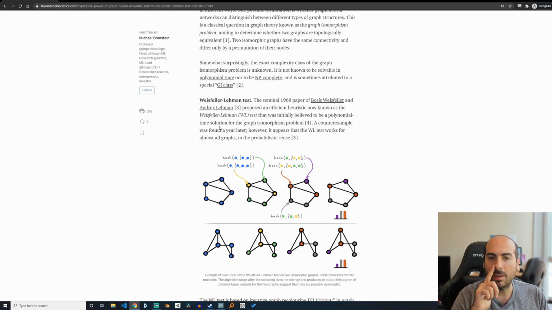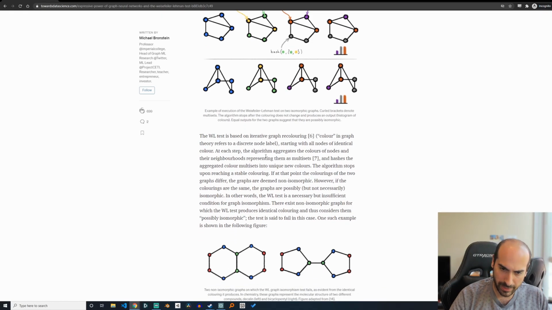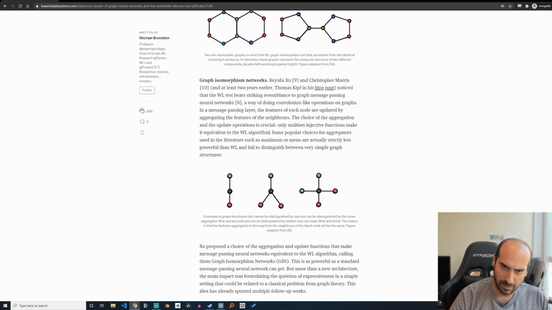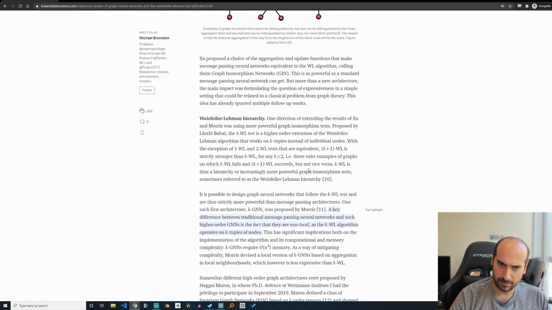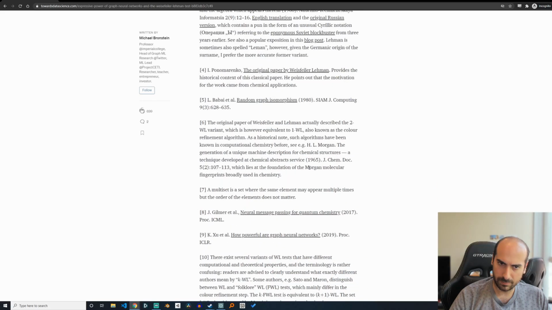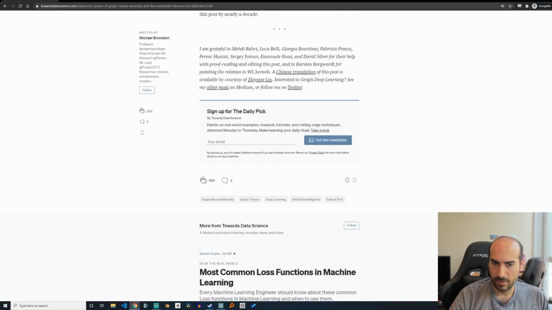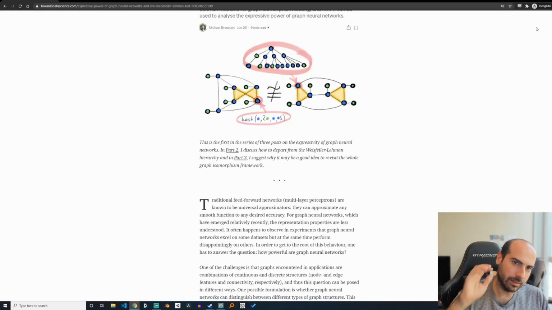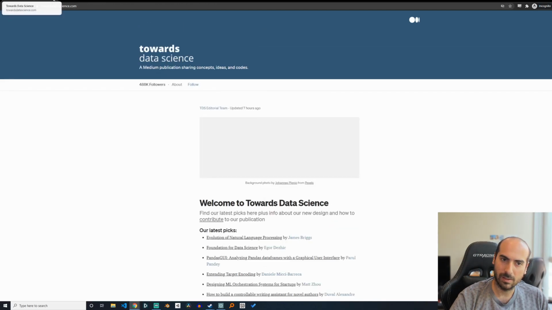Okay, so it's a polynomial time solution for the graph isomorphism problem. Oh, I see. So it's based on coloring iteratively. It's ridiculous, I can't think of any accessible graph tutorial that wasn't written by Michael Bronstein. It's crazy.